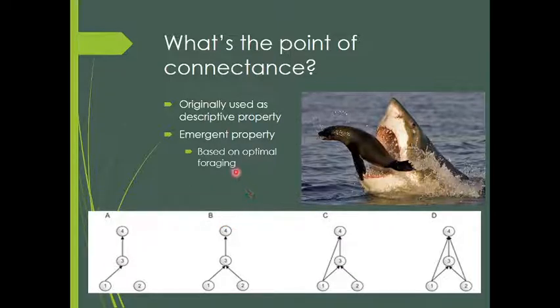It's suboptimal foraging, right? So species, through their morphology, through their behavior, have optimal foraging strategies that then necessitate that the food web is less connected than, say, this maximally connected food web. So it's a property that emerges based on realistic biology.